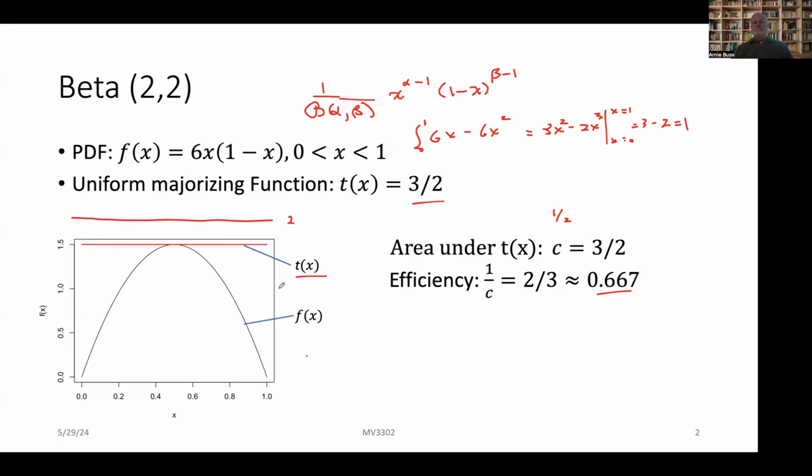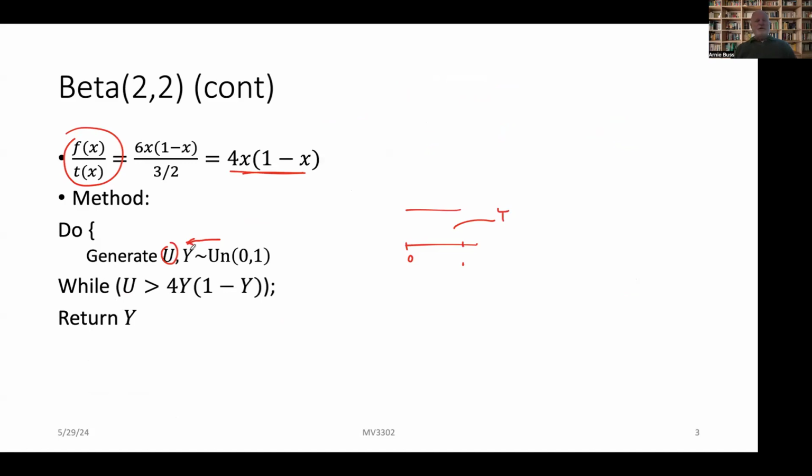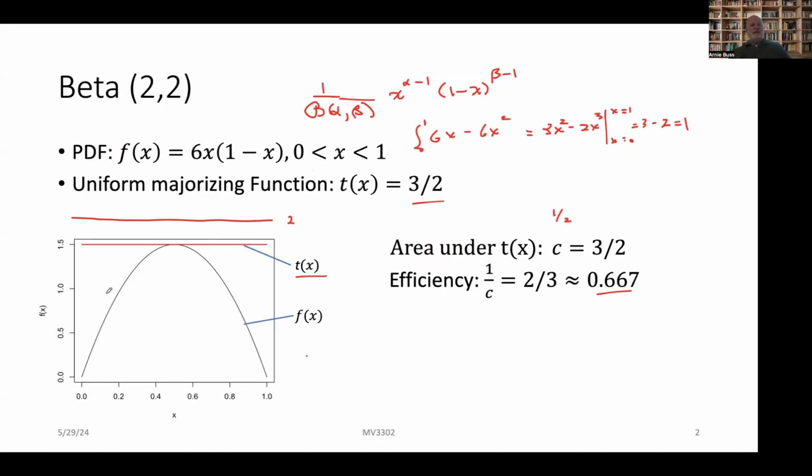So generating from the distribution from the majorizing function is like the chainsaw. And then when we accept only certain numbers of them, that's like chiseling it down to the exact shape that we want.